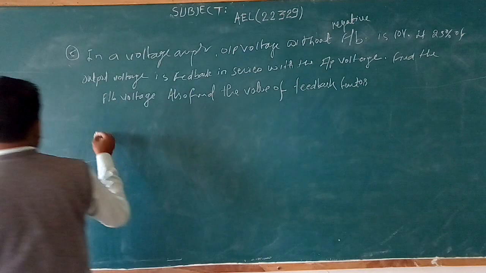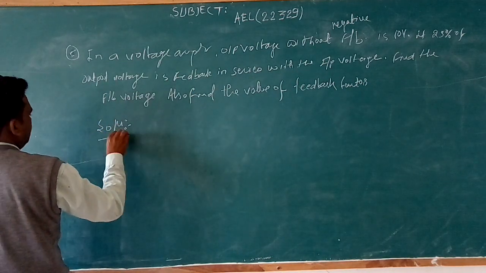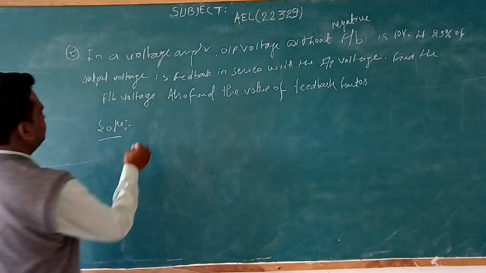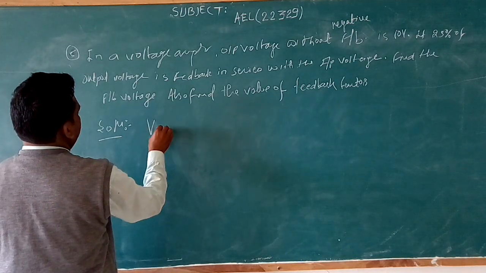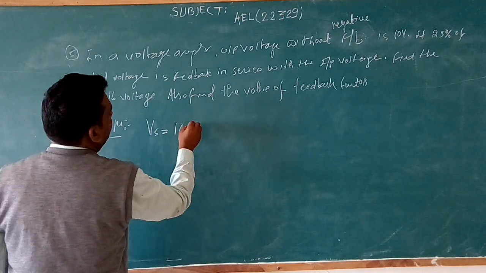Okay, so how will we solve it? In a voltage amplifier, the output voltage without negative feedback is 10 volt, so Vs is given, that is 10 volt.